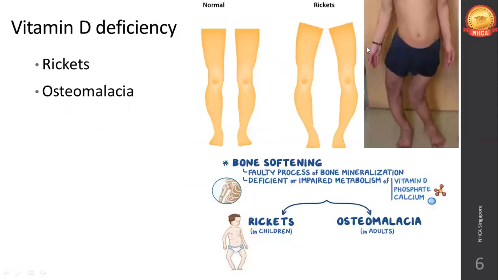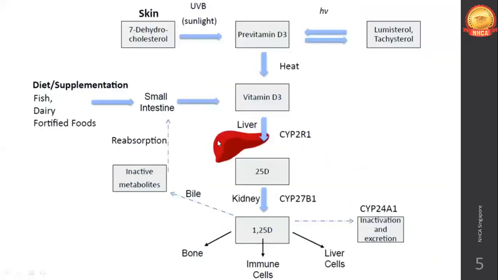Coming to the deficiency of vitamin D. See, in absorption and metabolism, two things you have to remember: there are two metabolisms of vitamin D3 taking place. The first one is in the liver, the second one is in the kidney.